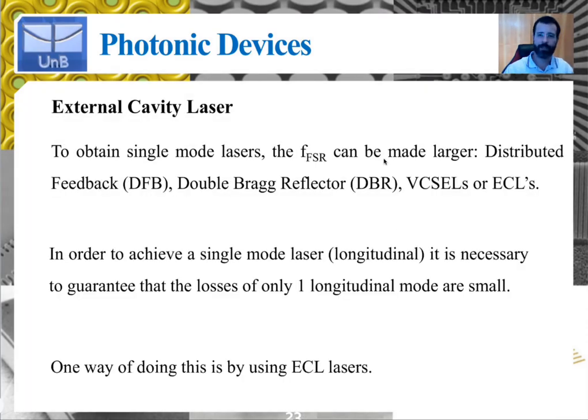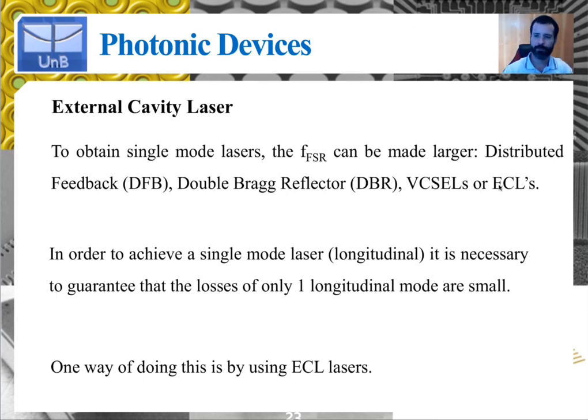And in our next lecture, we're going to discuss different types of cavities, different types of lasers, such as distributed feedback, distributed Bragg reflectors, vertical cavity surface emitting lasers, which use smaller cavities in order to attain larger FSRs, so that inside the gain region we have a single longitudinal mode.